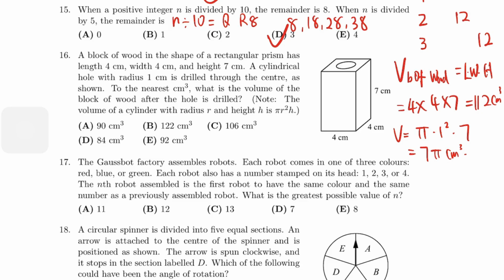The volume of the block wood after the hole drilled, so which will be 112 minus 7 pi, which is pi is 3.17. We can calculate it. It should be approximate 90.09. So the volume left is 90 centimeter cubed.